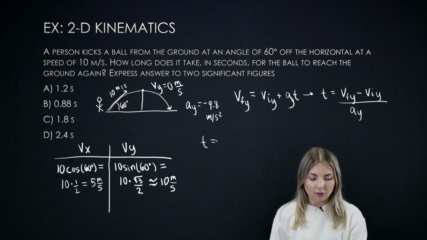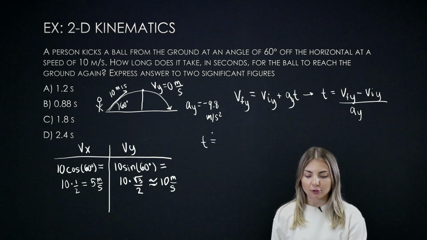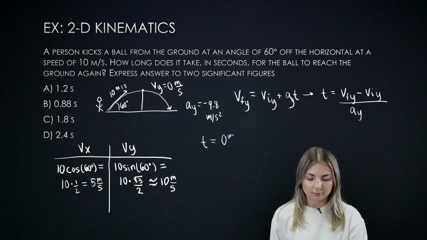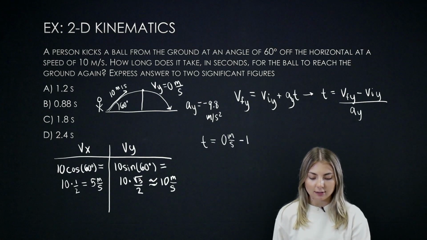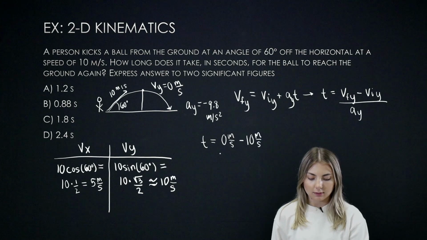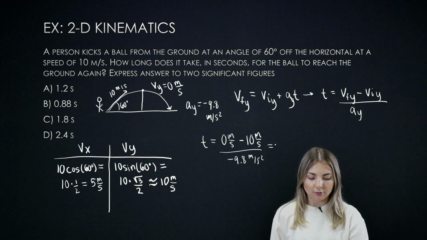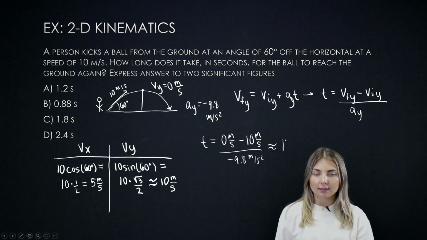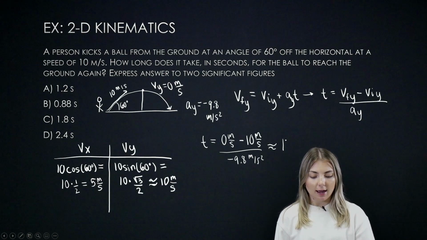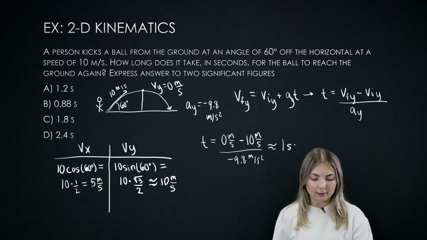Time equals, we know that our final velocity we will treat as this middle point here, and then our initial velocity in the y direction is going to be 10, divided by negative 9.8 meters per second squared. This gives us a value of roughly 1. If we round that negative 9.8 up to 10, we're going to have around 1 second.